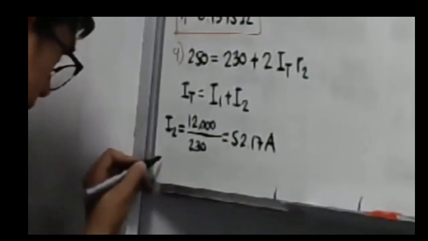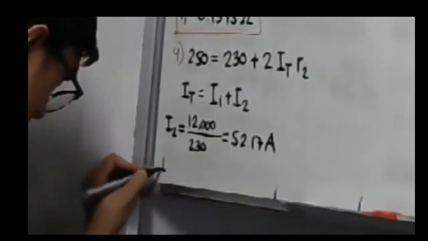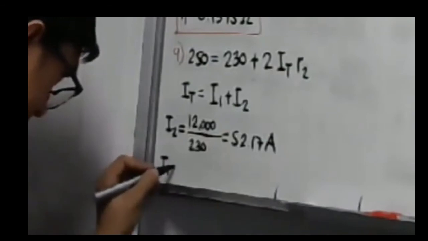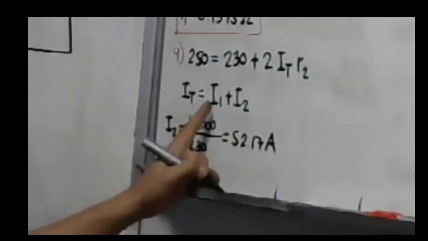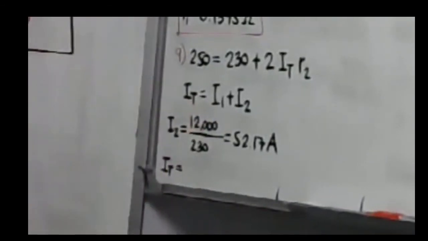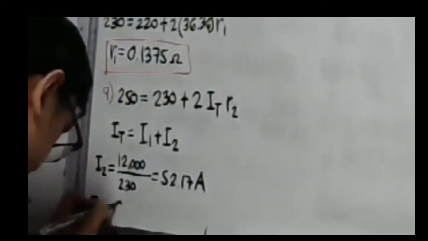So our total current, we just have to add I1. We already have the value of I1. That is 36.36, plus 52.17. So that is equal to 88.53.